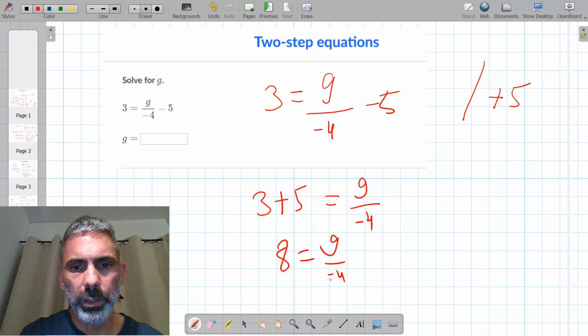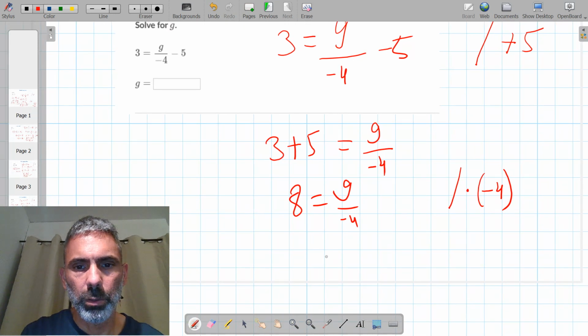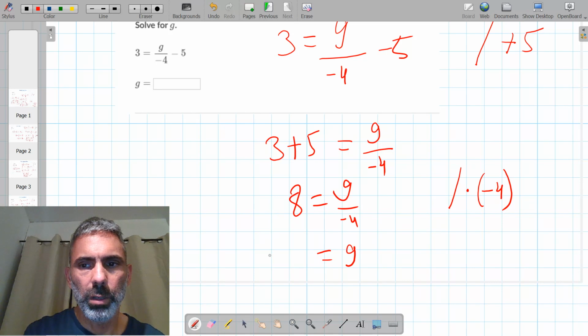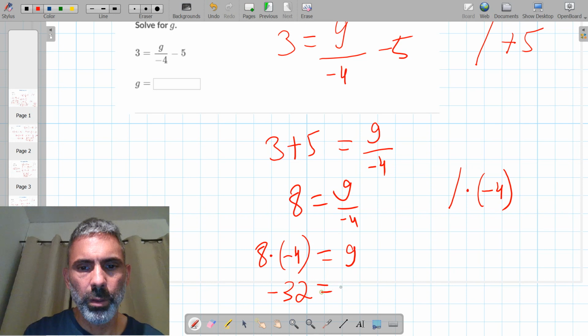And now to isolate the g, I need to multiply both sides of the equation by minus 4. So on the right hand side I'm left with g, and on the left hand side I have 8 times minus 4, which is minus 32.